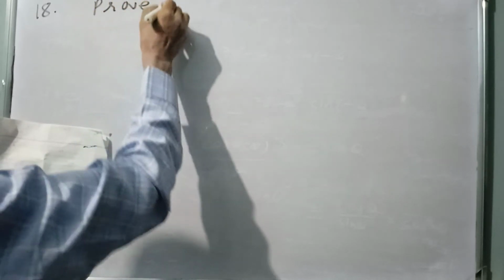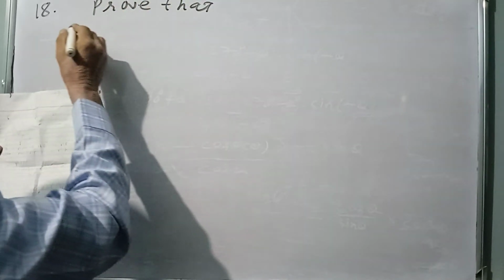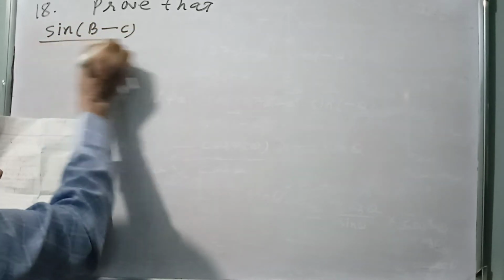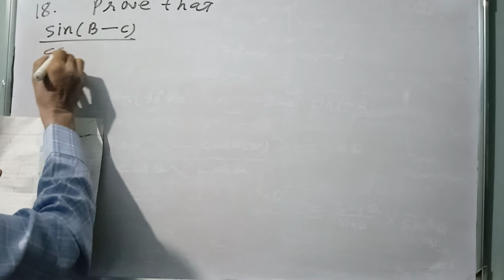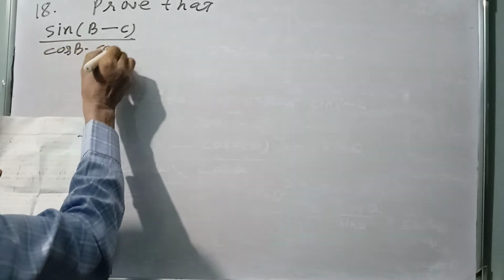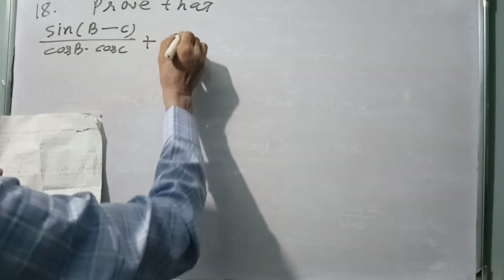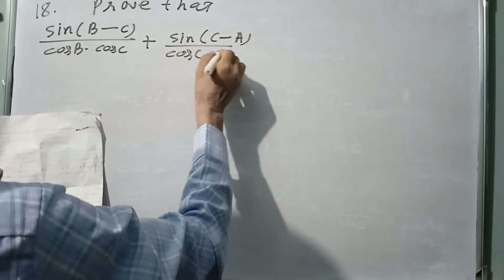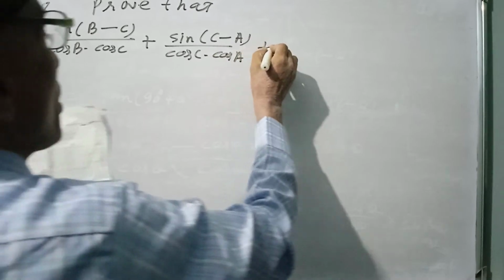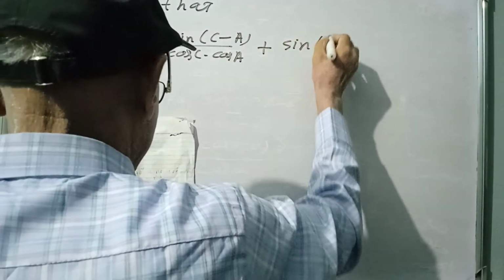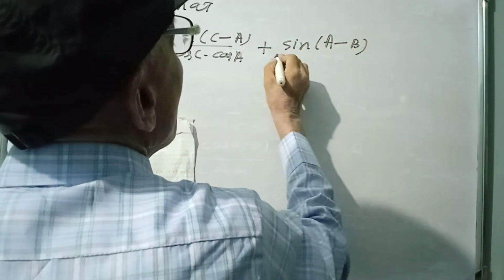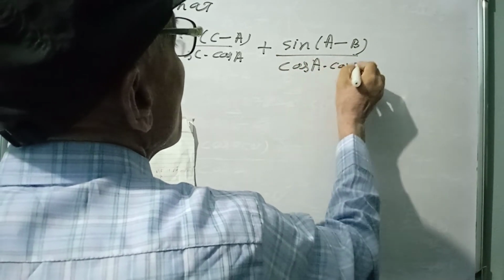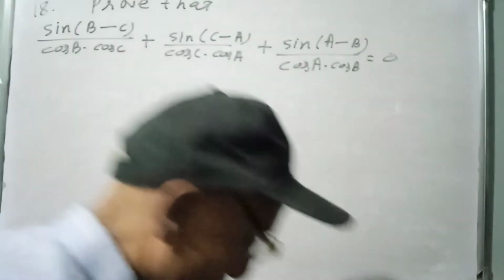Prove that sin(B minus C) upon cos B cos C plus sin(C minus A) by cos C cos A plus sin(A minus B) upon cos A cos B equals 0.